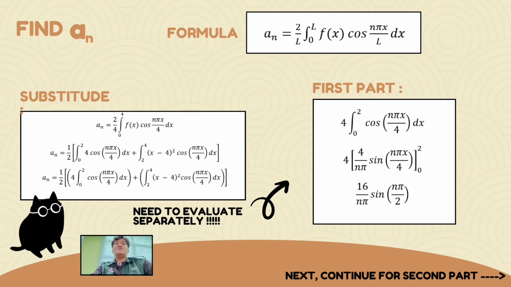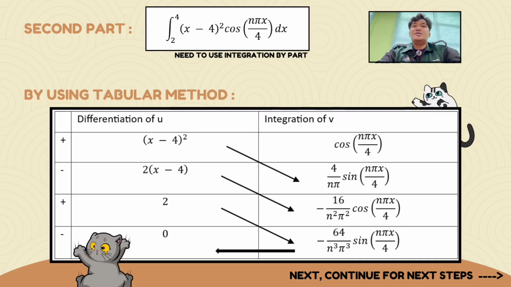The first part is done, as shown here. Next, let's continue with the second part. As I said, we need to use integration by parts, so I use the tabular method.